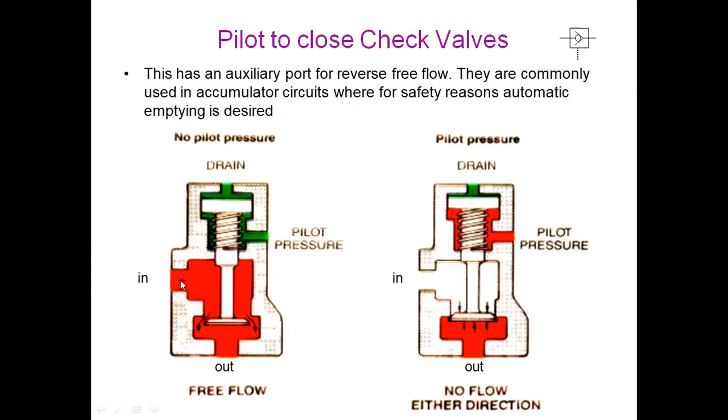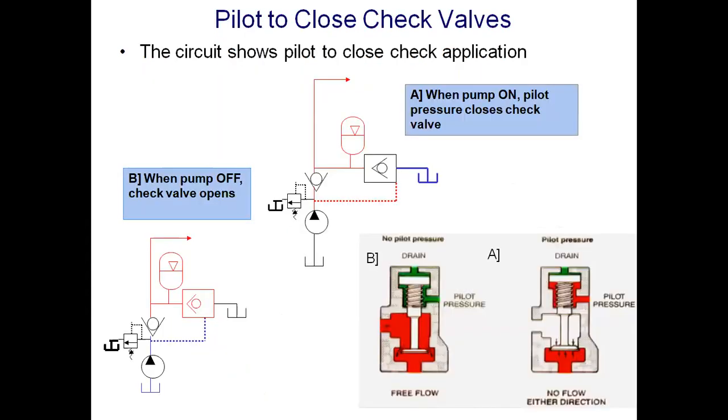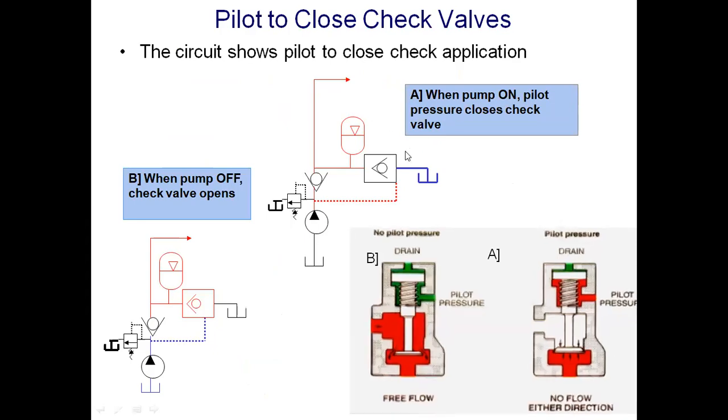This is free flow in and out, but no flow in either direction, only flow in this direction. So this is the circuit of the pilot operated check valve.